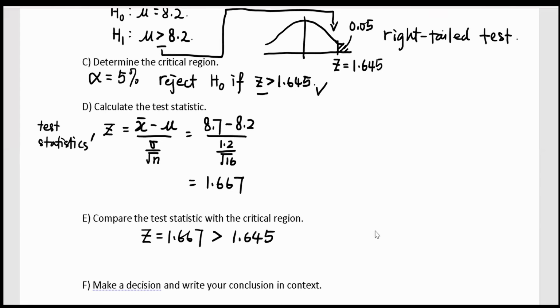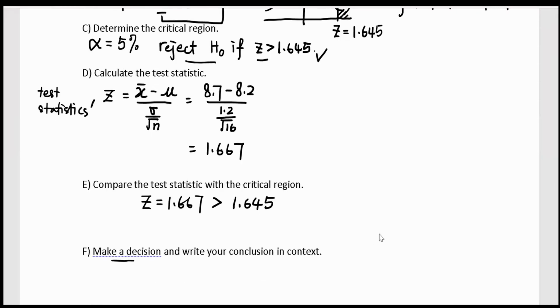Since it is greater, it falls into the rejection region. And what does it mean? The decision here is that I am going to reject H0. That is how we carry out the test, comparing the calculated value with the critical value 1.645, and the decision is that H0 is rejected.